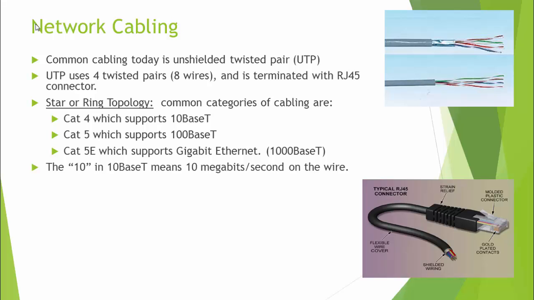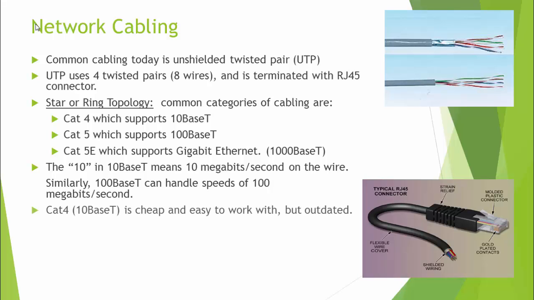And let's talk briefly about those descriptors then. So 10 base T, 100 base T, 1000 base T. Well, the number out in front means the number of megabits per second the wire can support. And so that 1000 base T is gigabit Ethernet cable.